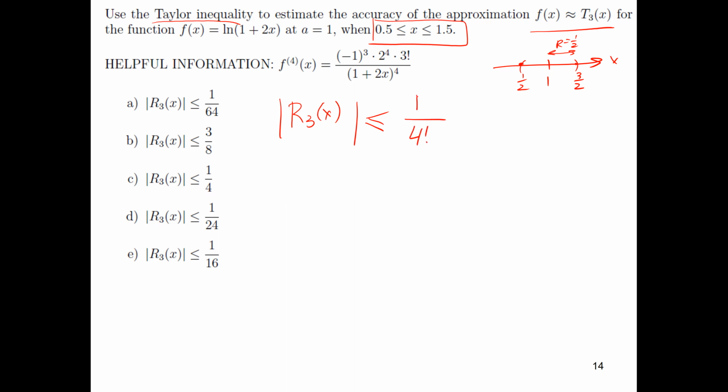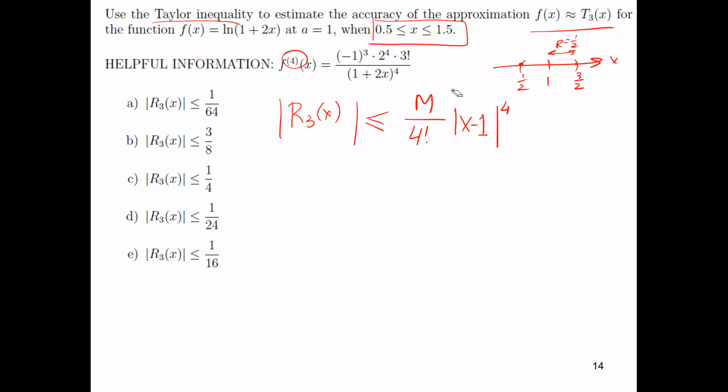M is the maximum value of the 4th derivative, which we even provide, and then x minus, let's say a for now, which actually we know what a is. I was looking for the center, 1. Okay, to the power of n plus 1, which actually, the degree was 3, we have to have the next one, the 4th, the next term.